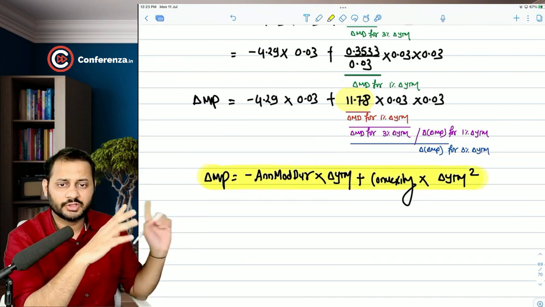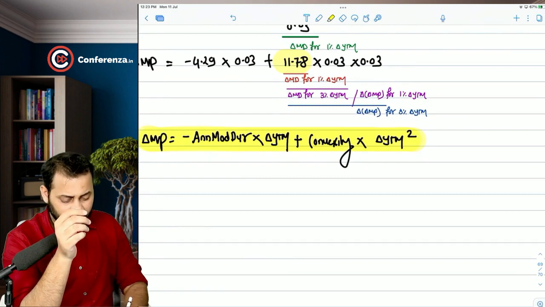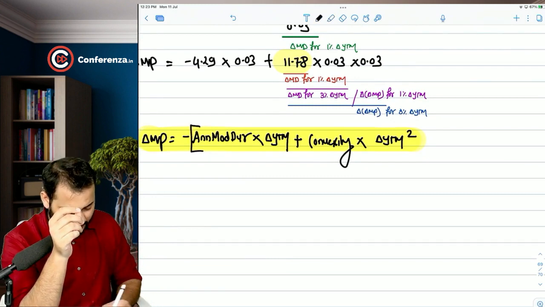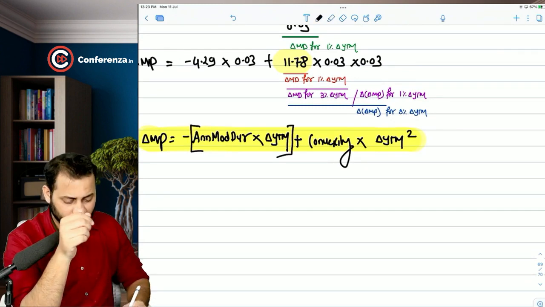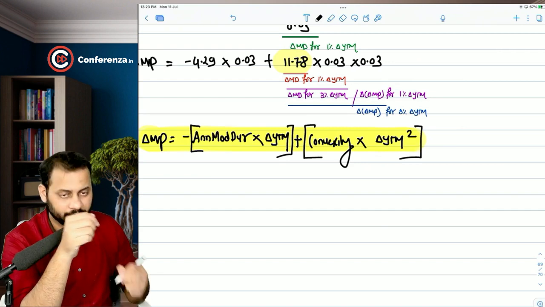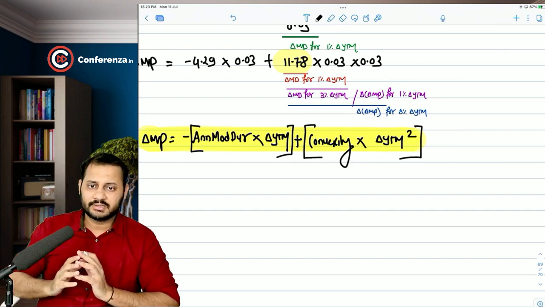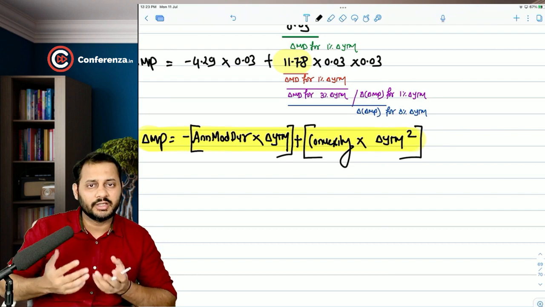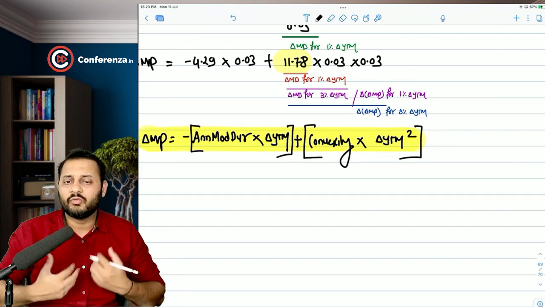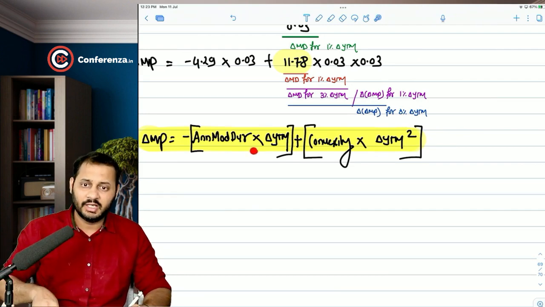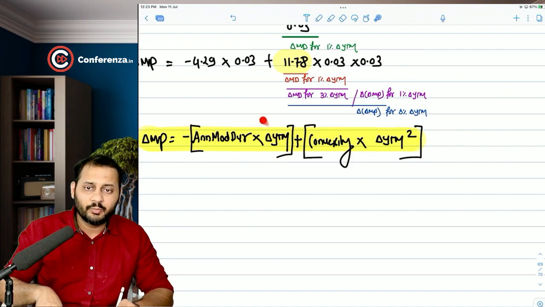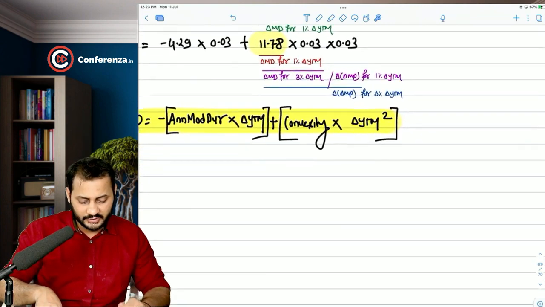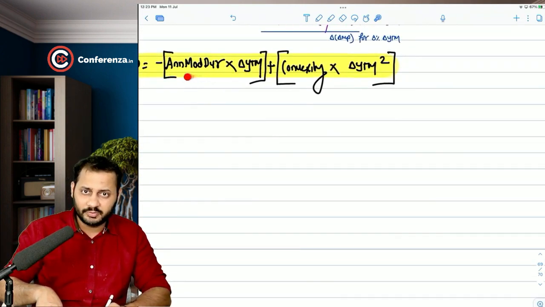Simply enough, you will have to start with the annual modified duration. This is going to be your first part, and this is going to be your second part. The first part says you will reach the real figure of whatever the modified duration is saying, and this 12.87 will result in 12.87%.